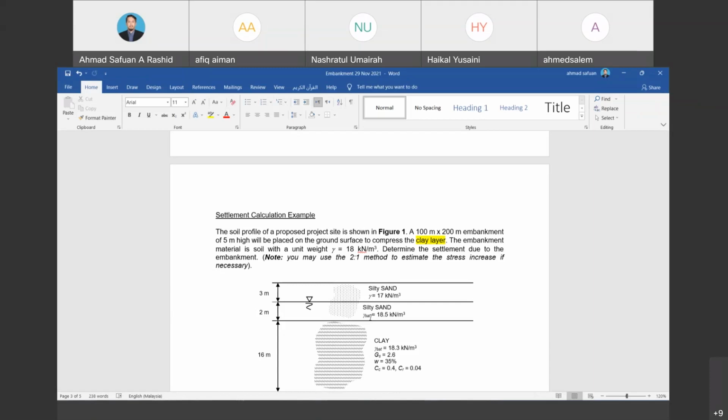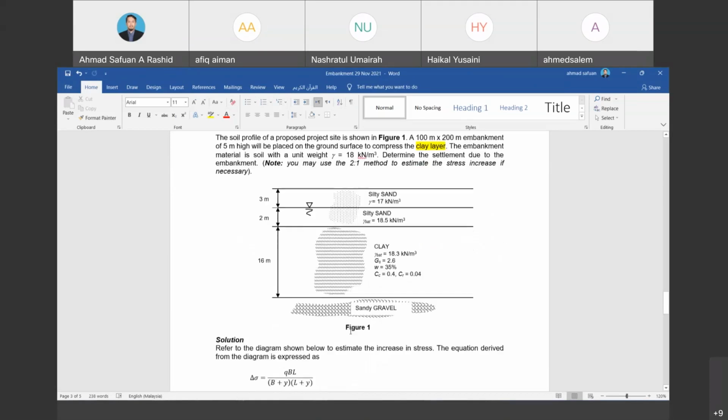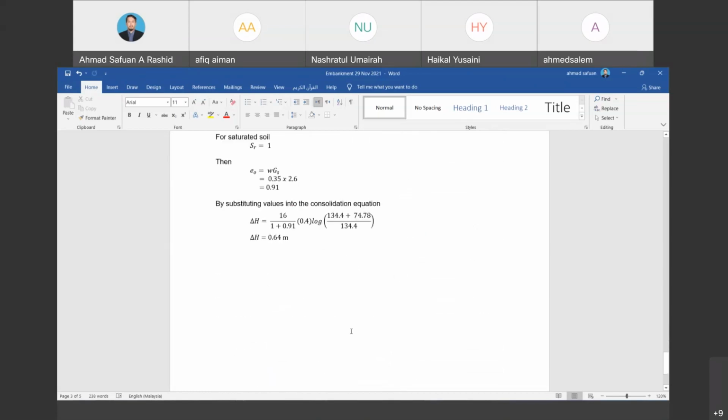So there are two options: either reduce the height of the embankment, or use a treatment to enhance the consolidation characteristic of the soft clay. That is for the embankment calculation.